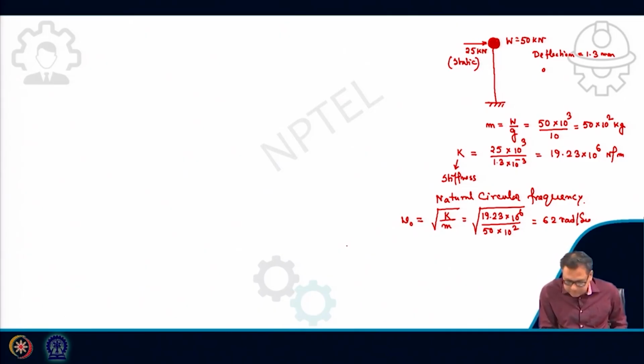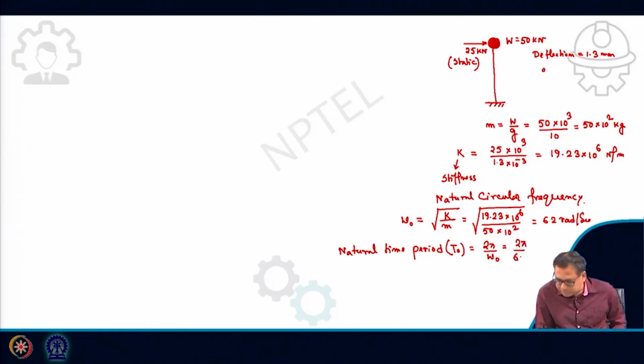Now your natural time period T0 will be 2 pi by omega 0. So that will be 2 pi by 62, which will be 0.1 second.